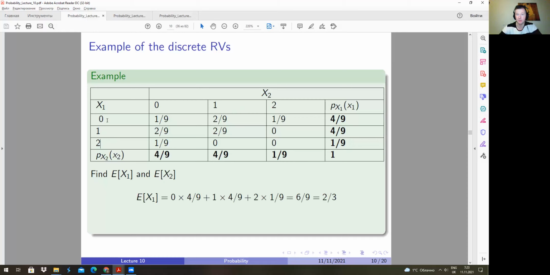Probability of 0 is 4 over 9, probability of 1 is 4 over 9, and probability of 2 is 1 over 9, right? So I do this: 0 times 4 over 9, 1 times 4 over 9, 2 times 1 over 9, which gives me 6 over 9, right?